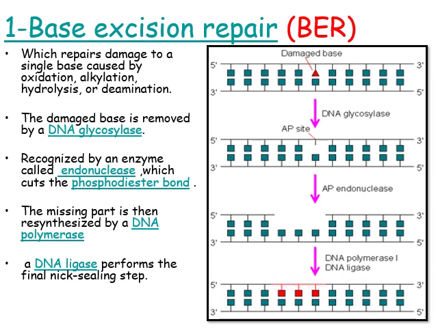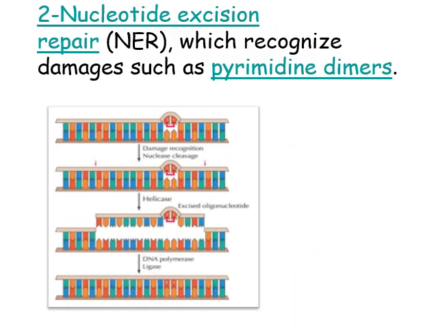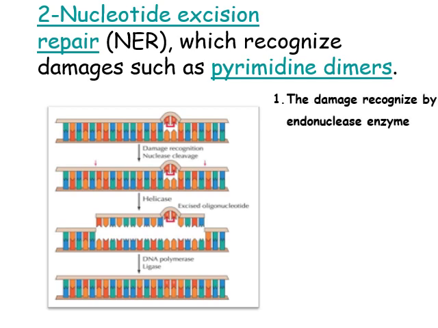The nucleotide excision repair removes errors that result from exposure to chemical carcinogens, UVB light, and oxidative damage. For example, it recognizes damage such as pyrimidine dimers. At first, the damage is recognized by the endonuclease enzyme.